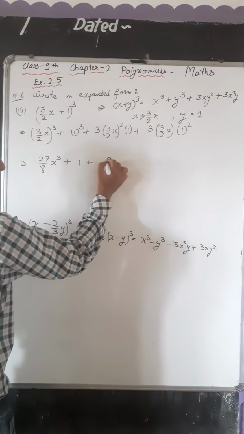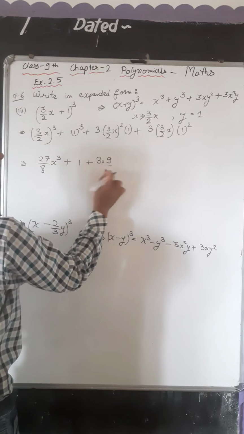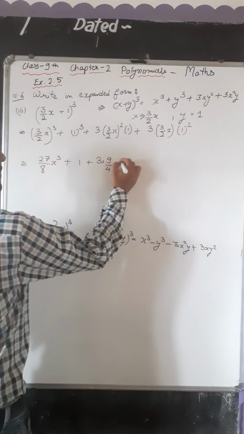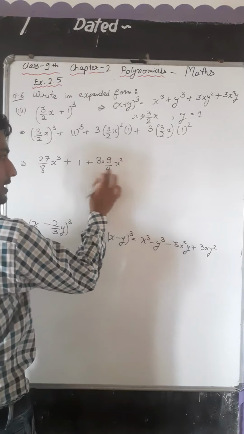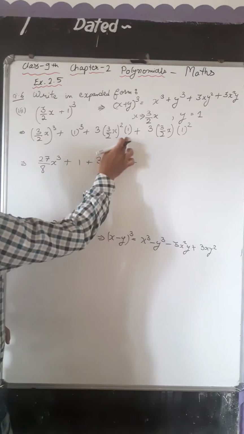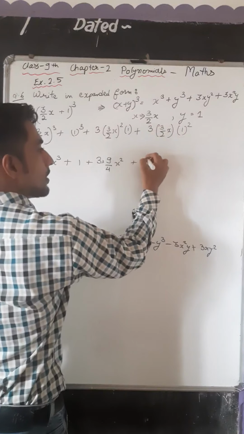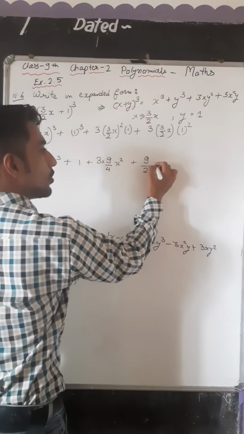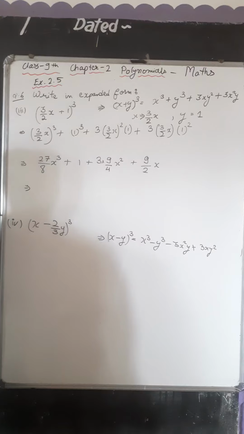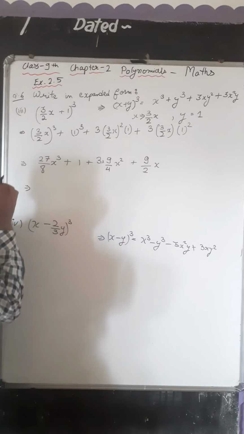3 square is 9, 3 into 9 by 2. No, this will be 2 square is 4, into 1 will be the same term. Now here also, 3 threes are 9 upon 2 x into 1 will be this. Now solve this further. What will you get?